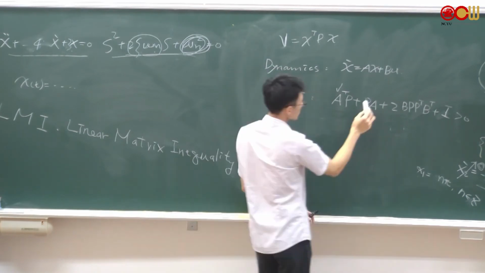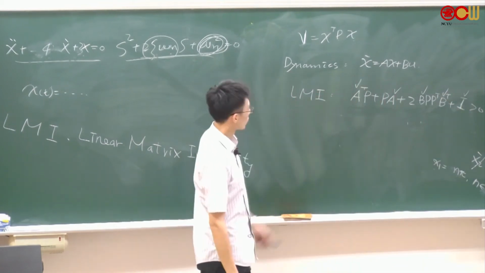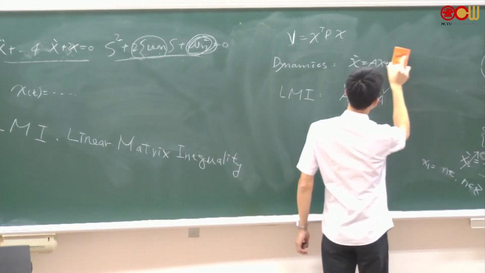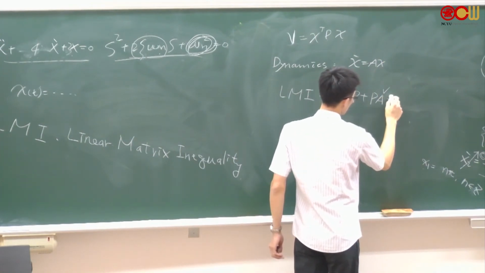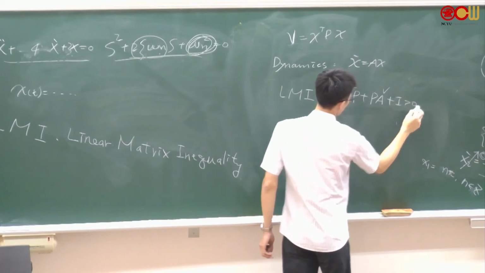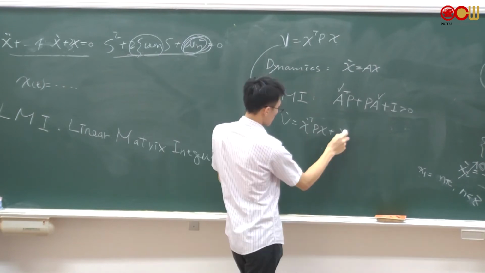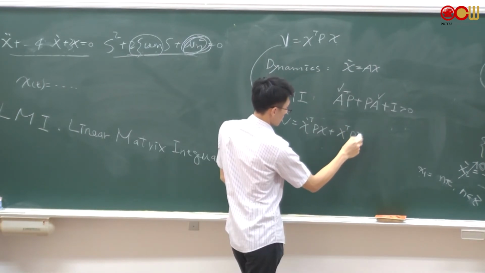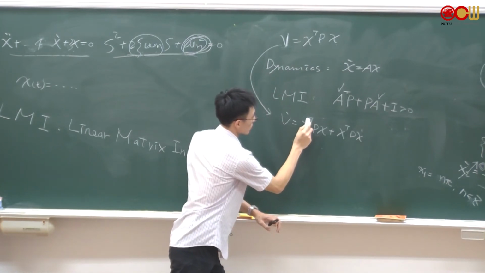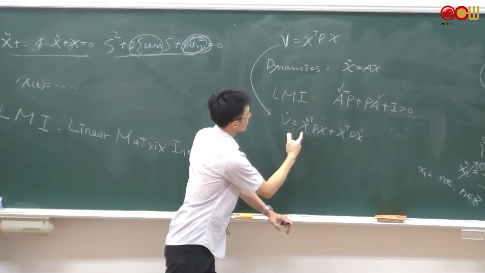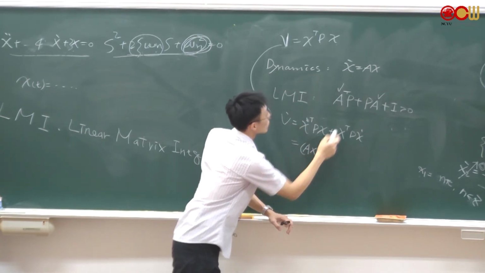Can you follow? So A is known, B is known, I is known. Only P is unknown. Let's not make it too complicated, this is good enough. If you take the time derivative V dot, what is x dot transpose? It's A x transpose, right, from here.